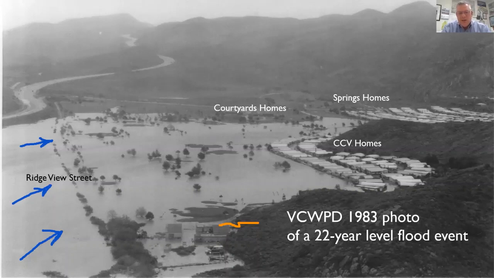It connects high ground on the east to high ground on the west, and that stops the flows from Conejo Creek from entering the project and eliminates the flooding at high elevation for all of these homes.